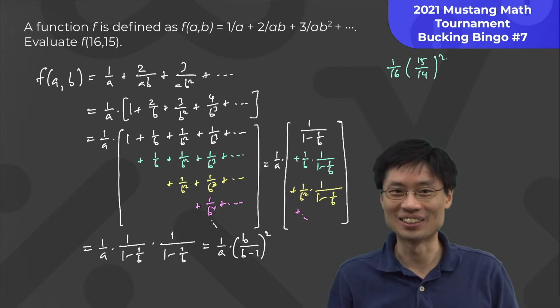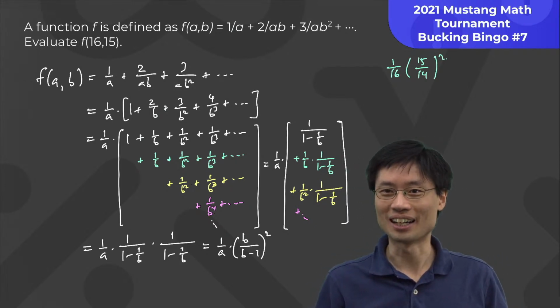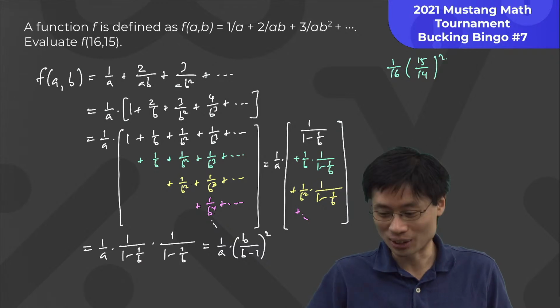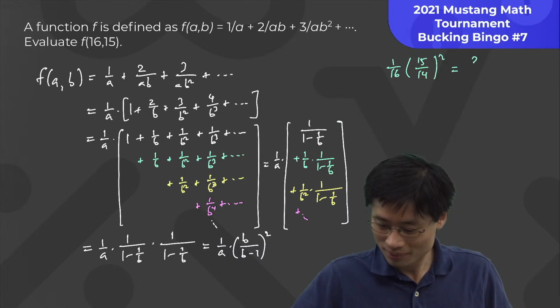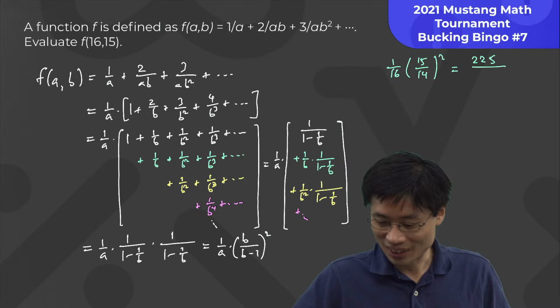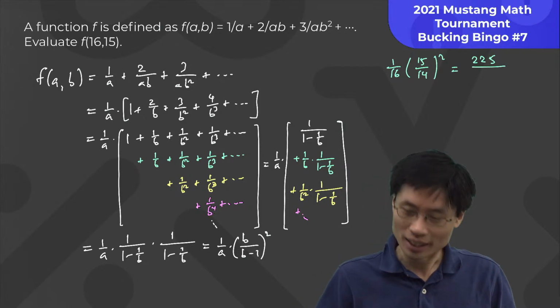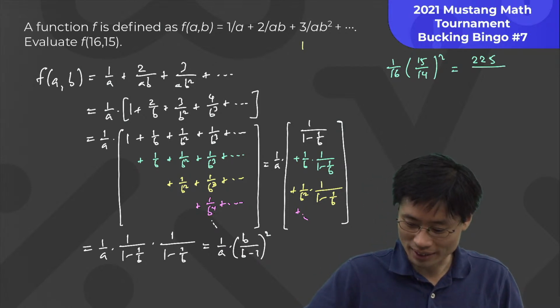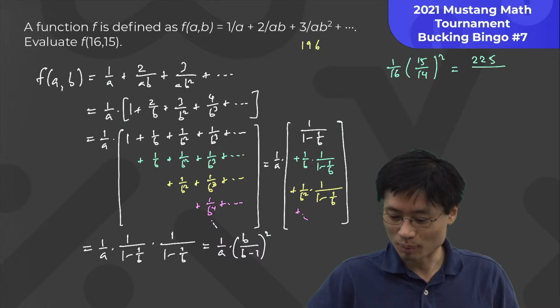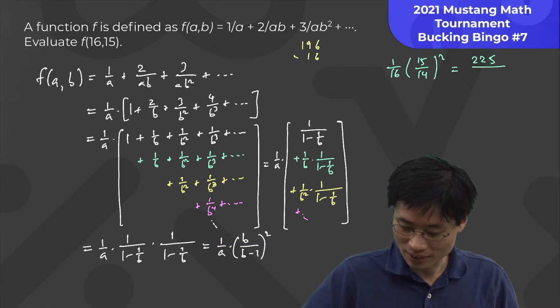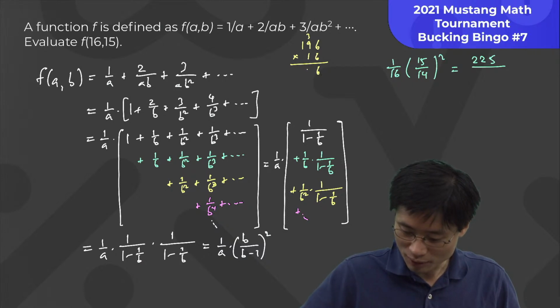Okay, so let's try this. Yuck. I know 15 squared, that's 225. But what I don't know is 16 times 14 squared. I know 14 squared is 196, and then multiply that by 16. I guess I could do that. 6 times 6 is 36. 6 times 9 is 54.